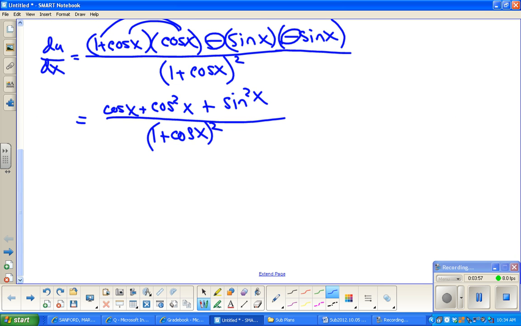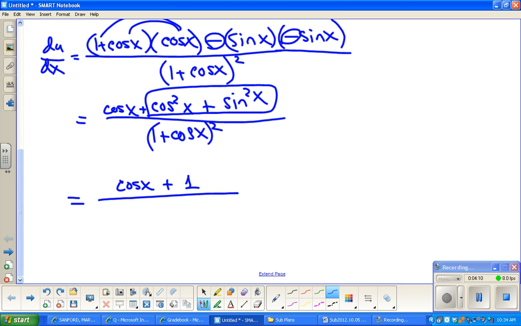I'm still working on just the inside. What's all of that? This is cosine x plus 1, since cosine squared plus sine squared is 1. We remember that from back in the dark ages, that scary time during pre-calc when we did identity stuff.